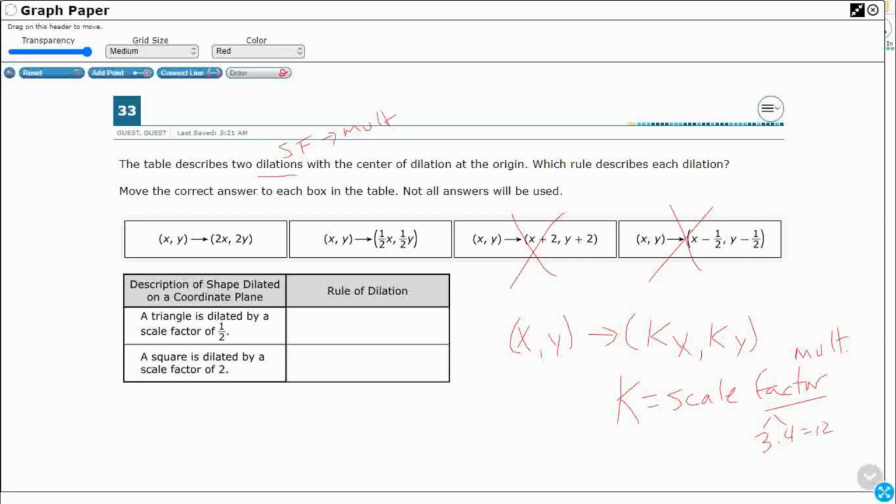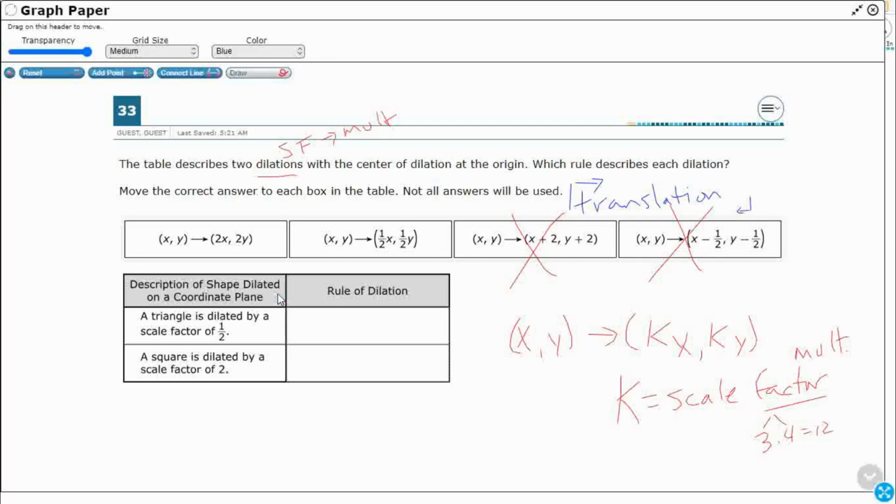What are these two options over here? Well, these two, I'll put them in blue. These are going to be translations, slides, right? So what we're doing here is we're sliding it up and to the right because it's a +2 and +2. We're sliding this one down and to the left because it's a -1/2, -1/2. That's what we're doing with those two.